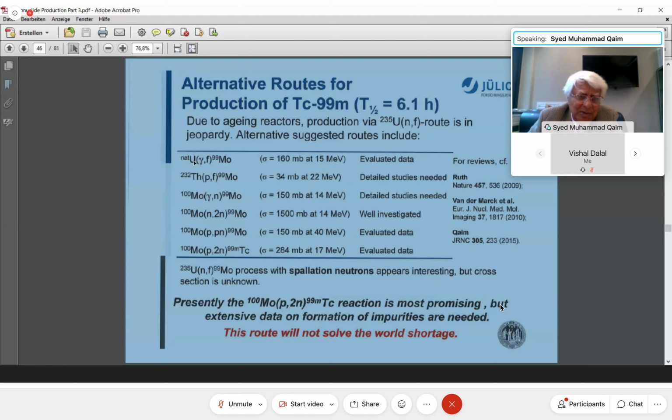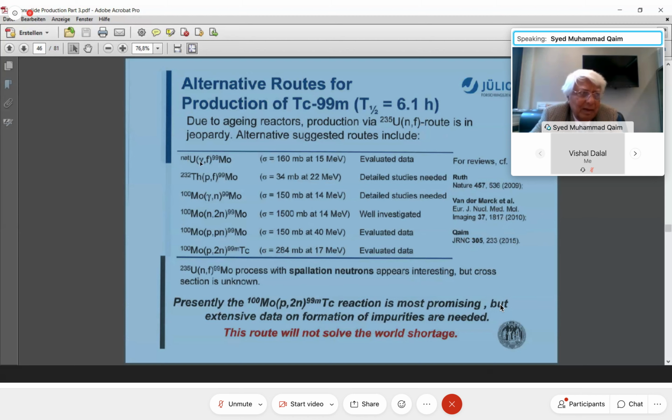Now, one thing is, where do the photons come from? I have told you, and we will come again later, photons come through electrons on a tungsten target, and electrons are produced in a linac. So one is independent of the reactor.